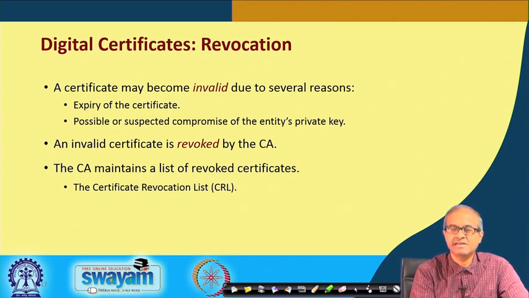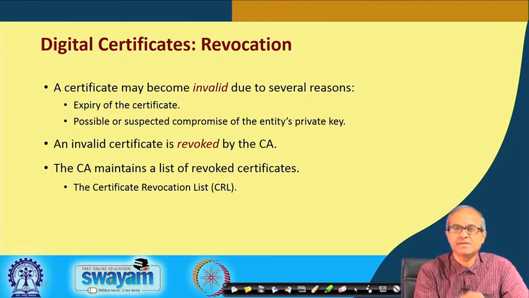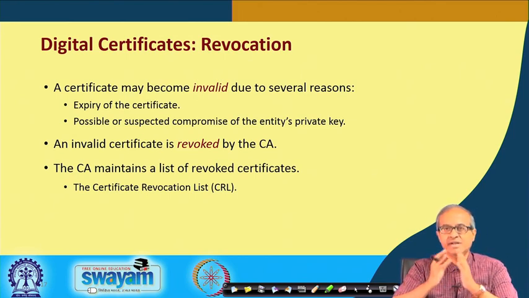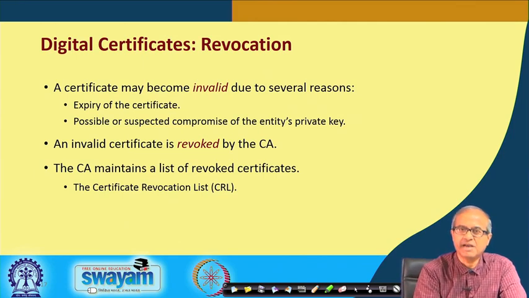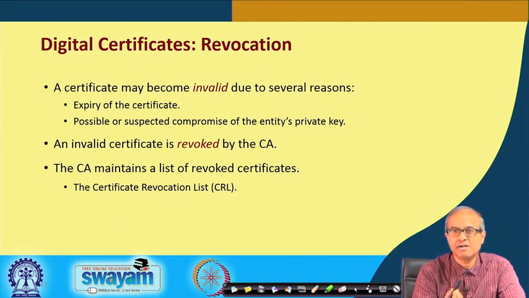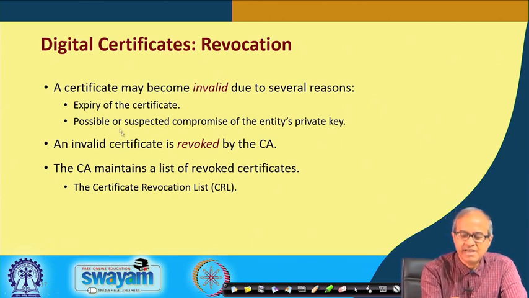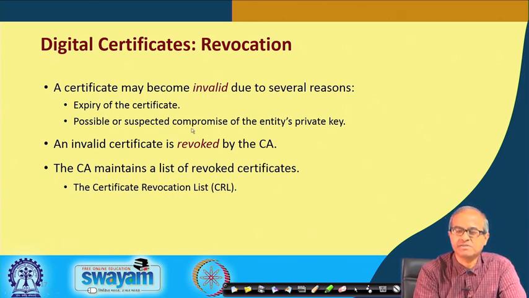Revocation, as I had said, sometimes a certificate may become invalid. Whenever you create a certificate, there is a duration for which the certificate will be valid. So, if the time expires, that is one reason why it may become invalid, or there can be some suspected compromise, some suspicious activities going on.